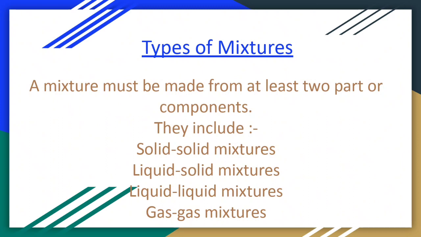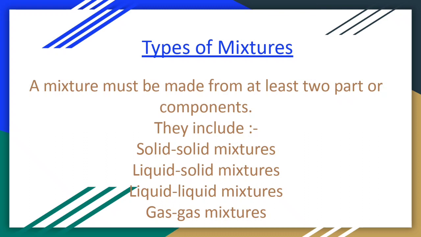A solid mixture is a mixture of two solids, and a good example is what we've just talked about, maize and beans. Other examples would include salt and iron filings. We could talk of sulfur, a solid, and iron filings. Those are examples of solid mixtures.